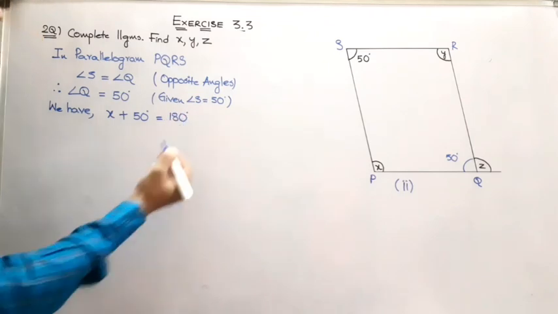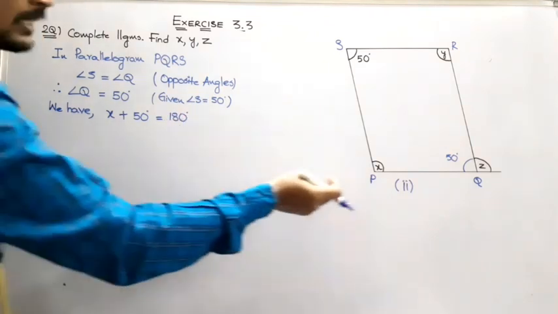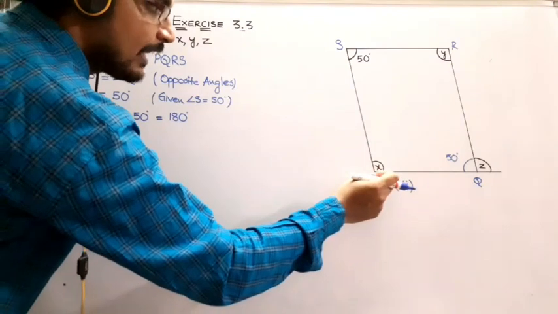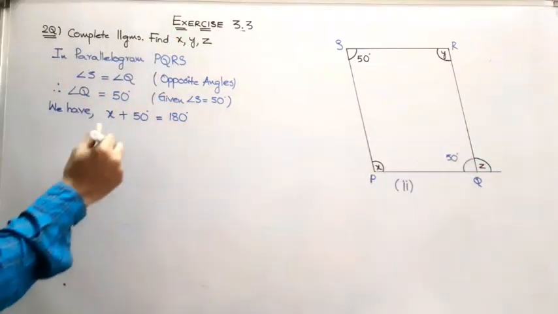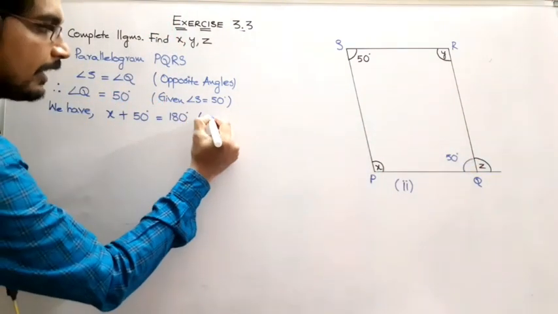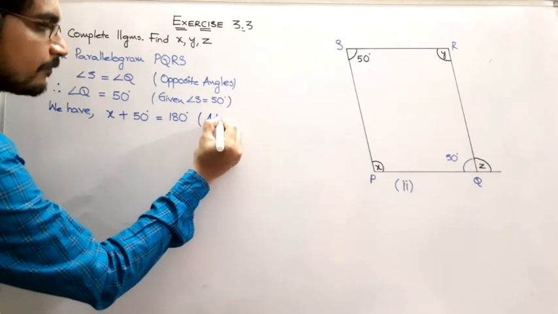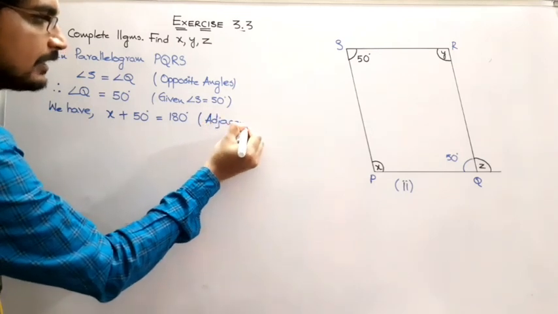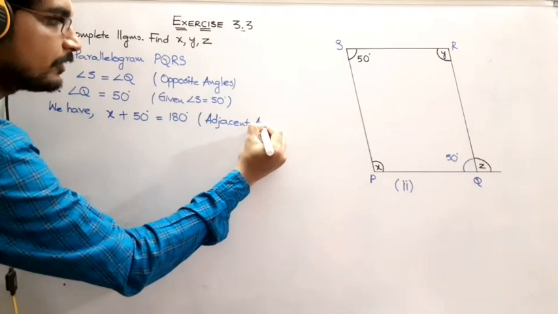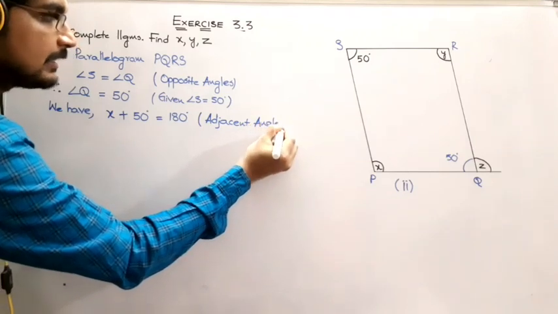So can I write like this? Yes, because the adjacent angle of X is this 50 degrees. Being adjacent angles, the sum is going to be equal to 180 degrees.